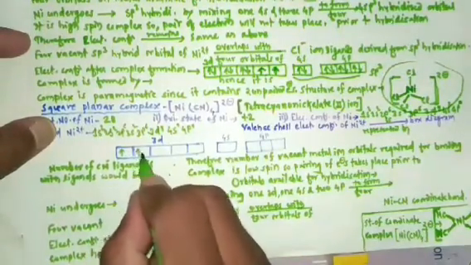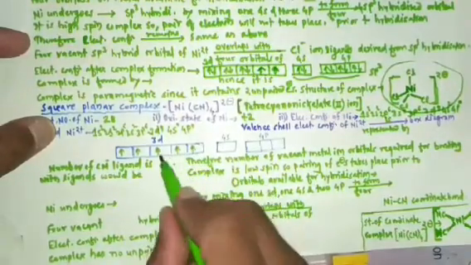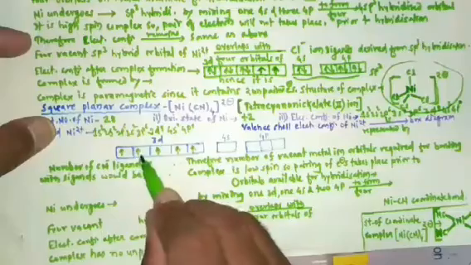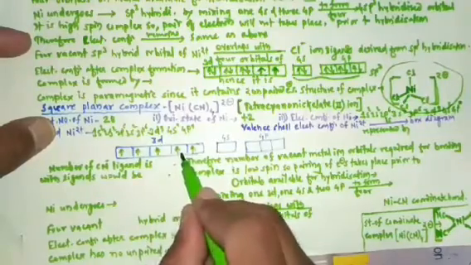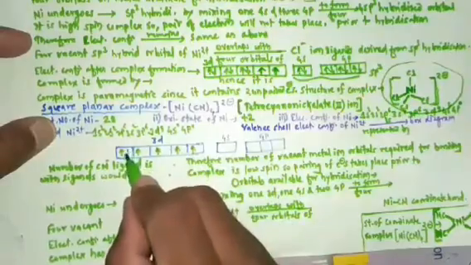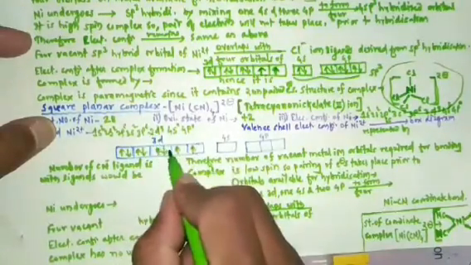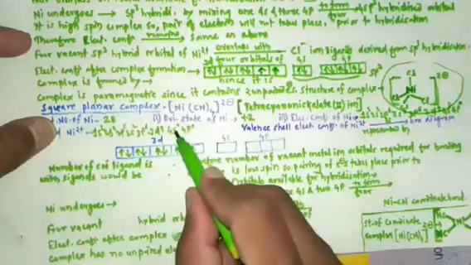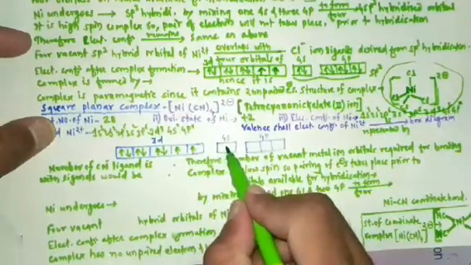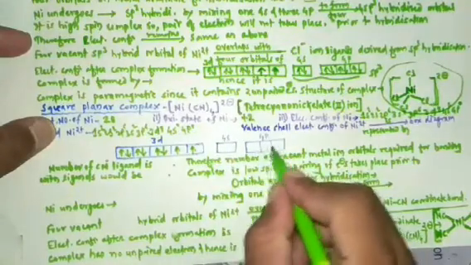Firstly, electrons are filled singly in each orbital and then pairing occurs: 1, 2, 3, 4, 5, then 6, 7 and 8. Then 4s does not contain electrons, therefore it is vacant. 4p does not contain electrons, therefore it is also vacant.